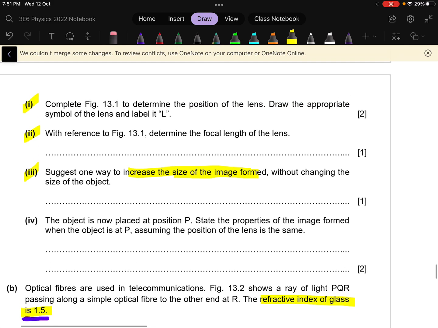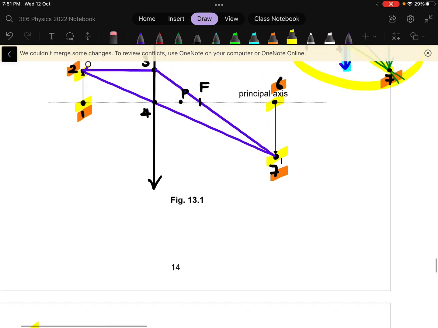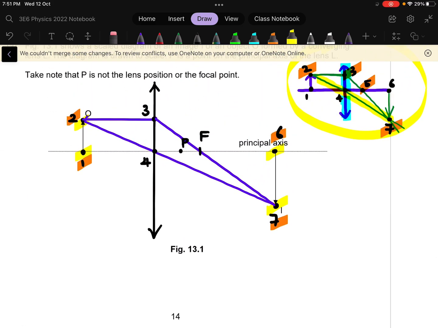Then for point 4, the object is now placed at point P. So now I know why point P is there. If I place my object at P, my object is placed within one focal length. This is within 1F.